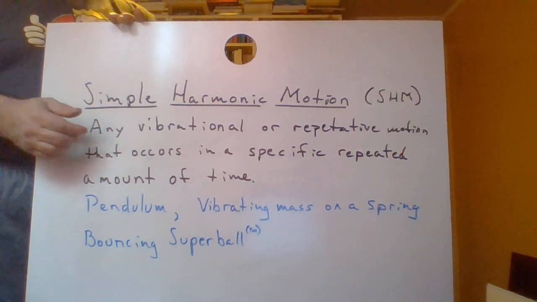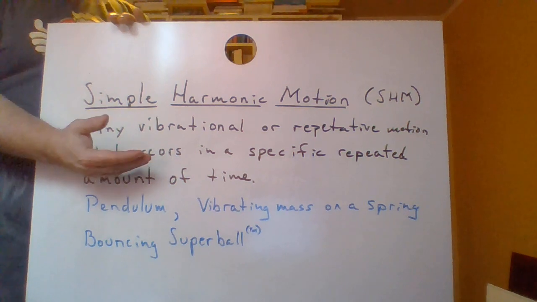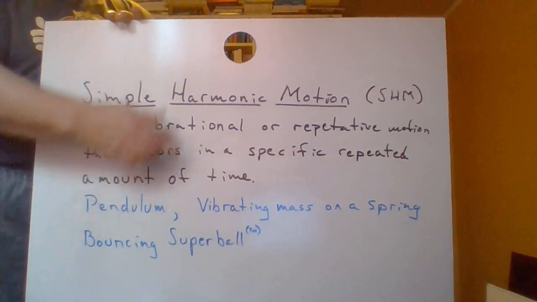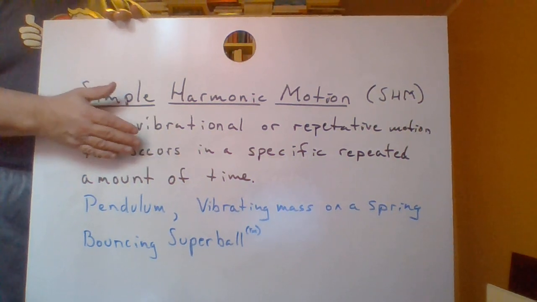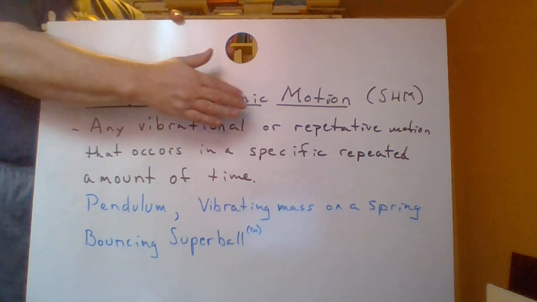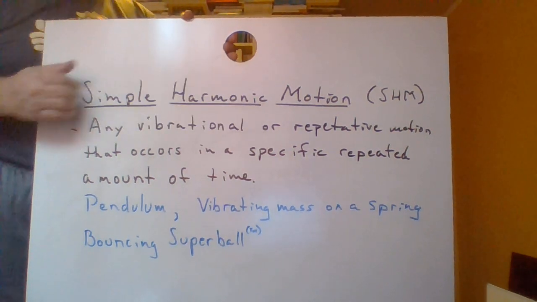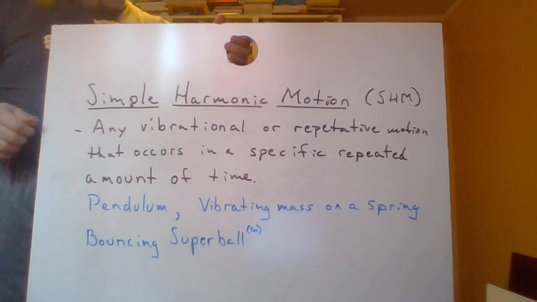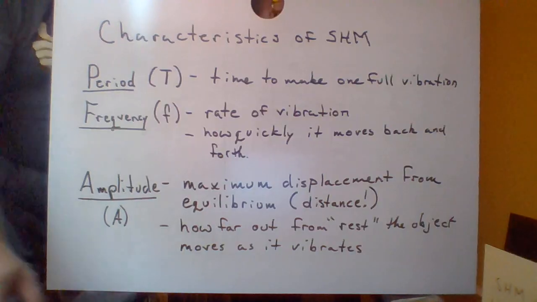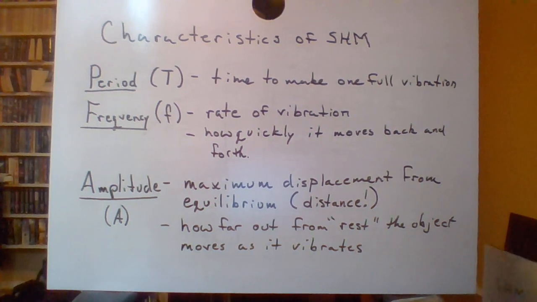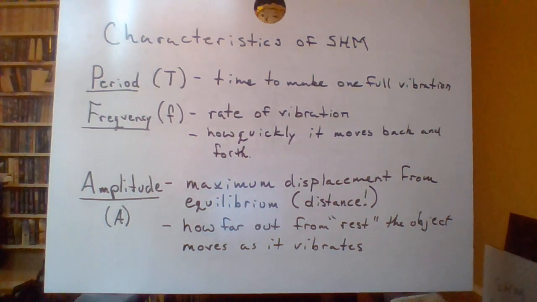Okay? So, when we have a vibrational situation, we have specific vocabulary that's associated with that harmonic motion that's taking place in a repeated, specific amount of time. Okay, so here's the basic vocabulary for the characteristics of simple harmonic motion.